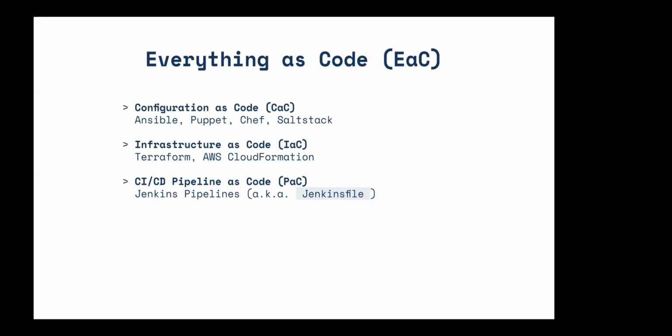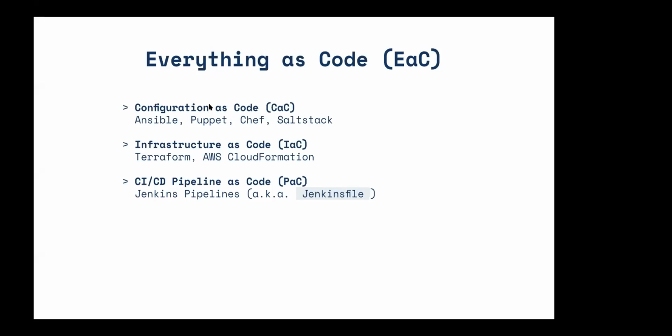You can set up buckets on AWS. You can set up GitHub repositories. So instead of going to the AWS console and clicking things manually, instead of going to the GitHub website and adding repositories manually, you define it as code and you run the Terraform tool or the CloudFormation tool.